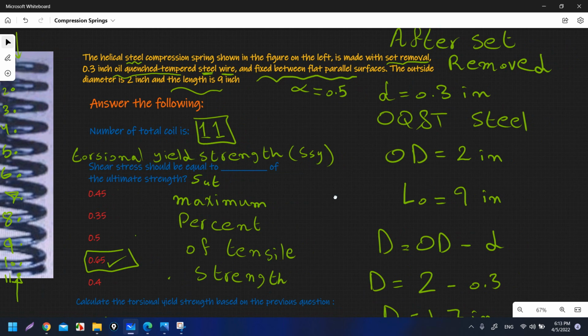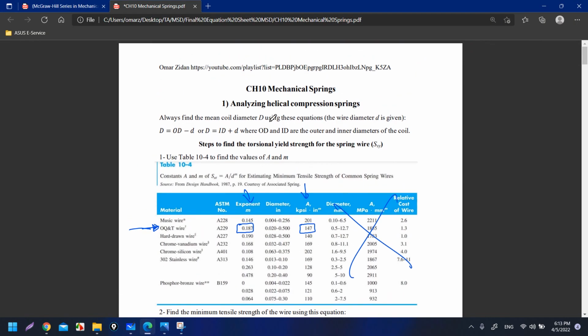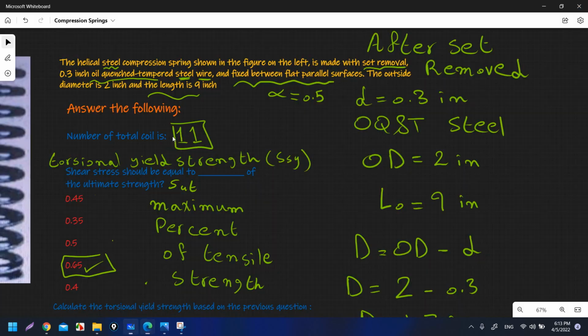First, in order to find anything in the mechanical springs chapter, you need to find the mean coil diameter. Either you use this equation or this equation. Usually we are given the outer diameter, and in this question we have the outer diameter and the wire diameter, small d, so we calculate the mean coil diameter.